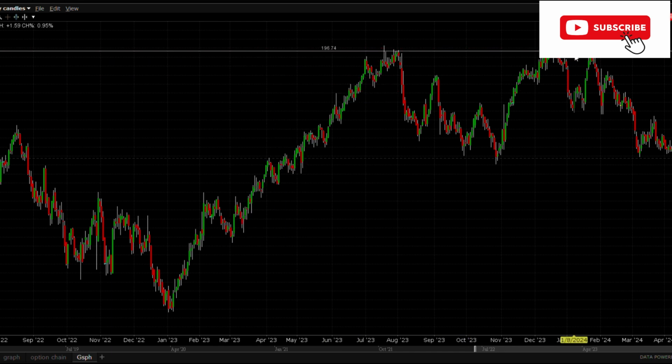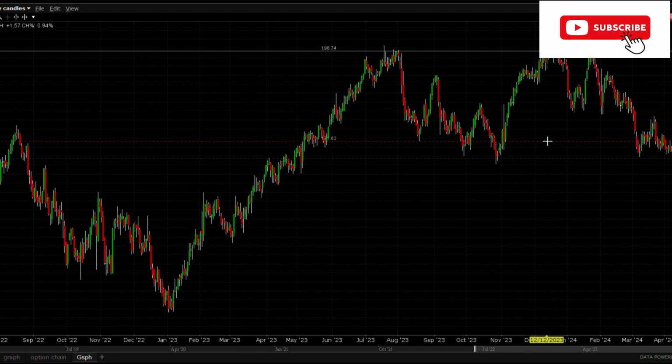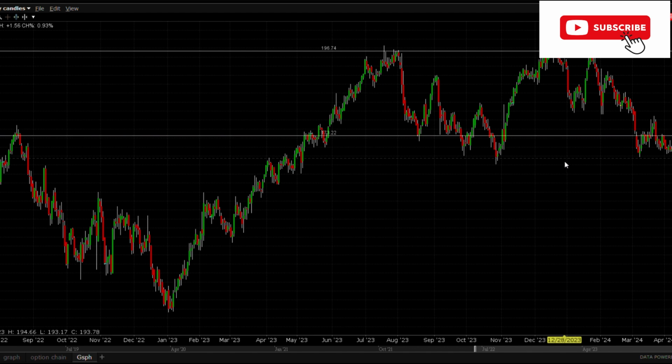For example, this is a very good support resistance level, and here I would say this is a very good resistance level.